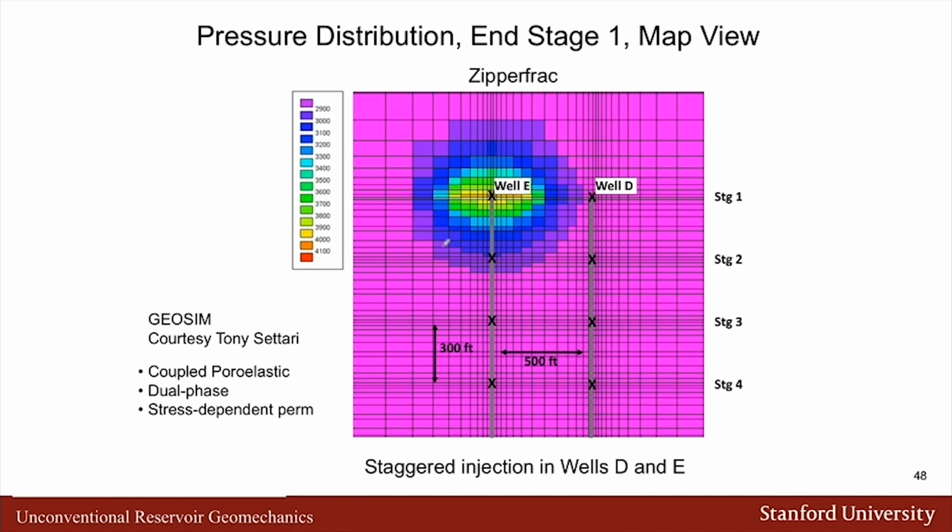And this is some modeling that was done with the GeoSim simulator developed by Tony Satari that actually shows an area of enhanced stress, which was caused by that leak off of pressure and the coupled poroelastic stress change. Okay, so the mechanical effect of opening causes a stress shadow, but there's also a stress shadow caused by the poroelastic effect.